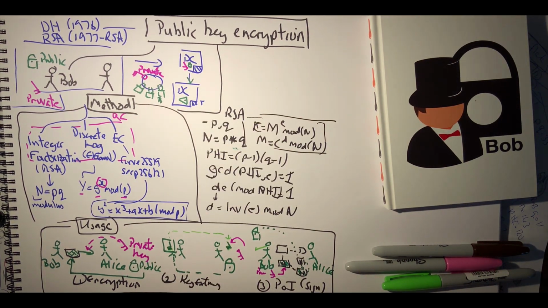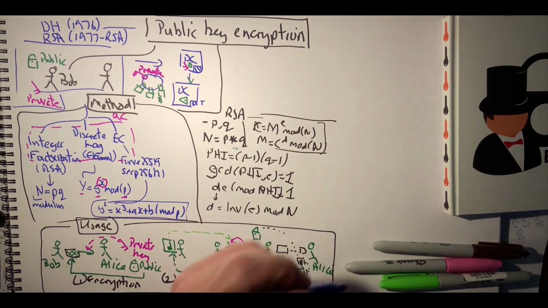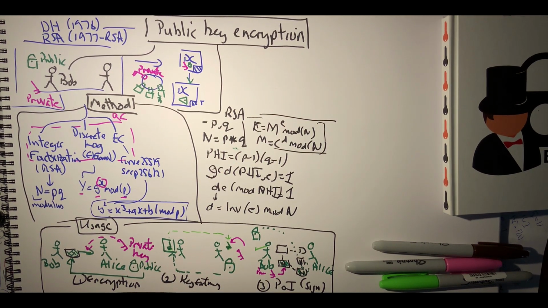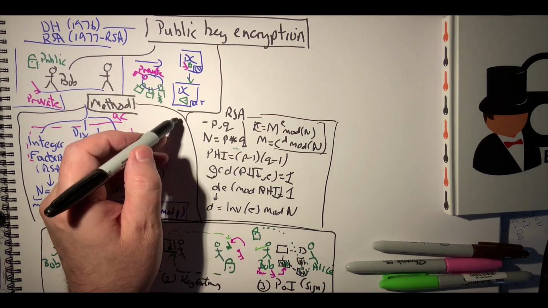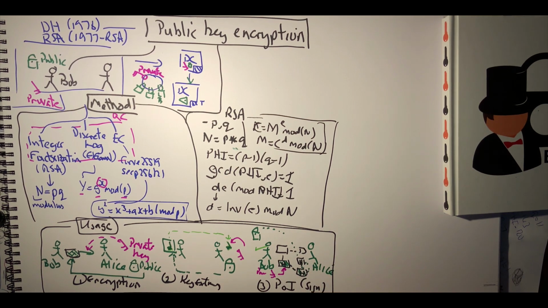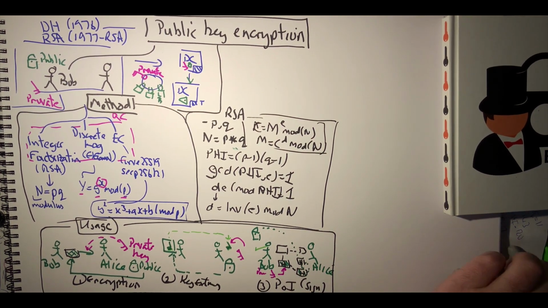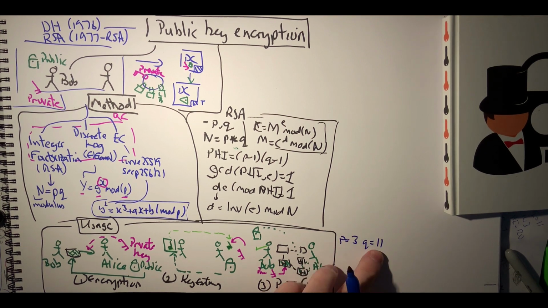So let's take a simple example of this. A simple example can be where we have a value of, say, P equal to 3 and Q equal to 11.